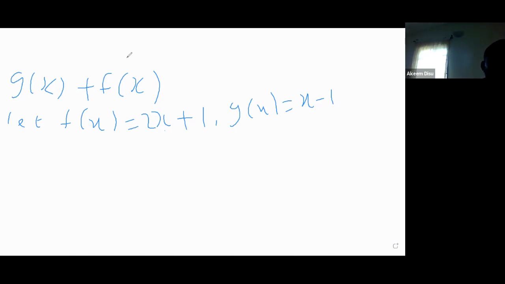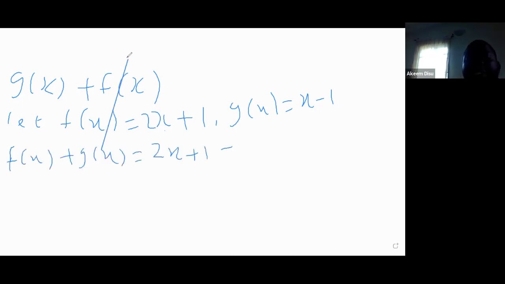Then if we have f(x) + g(x), our f(x) is 2x + 1 and our g(x) is x - 1.